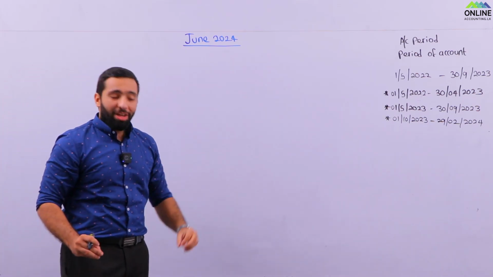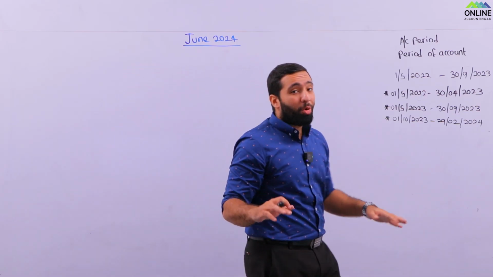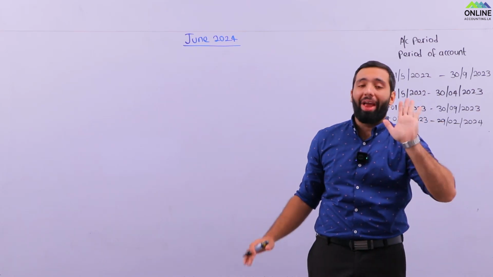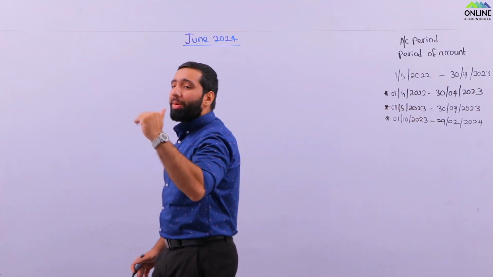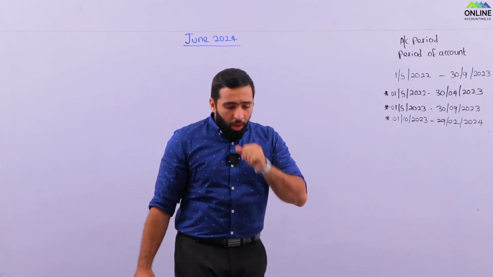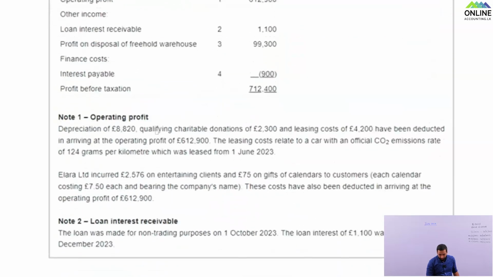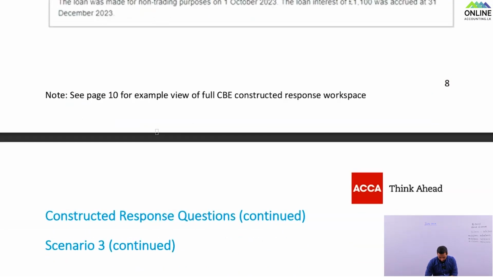That is because you need to keep in mind, you don't waste your time calculating the income tax liability. No, you only need to calculate the taxable income, that is the taxable profit. Sorry, and then we are moving on to your question where you are required to calculate the taxable profit, and this is very important.